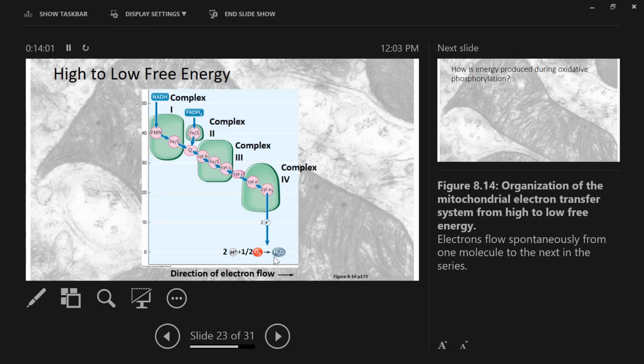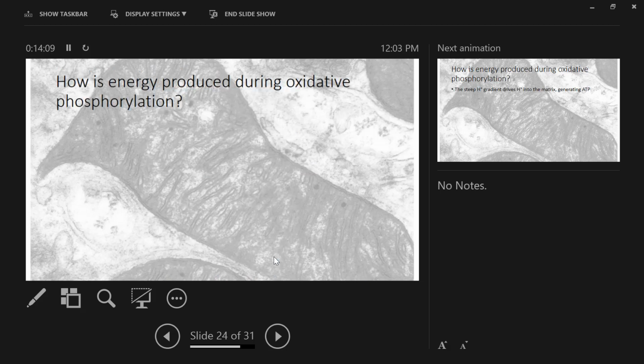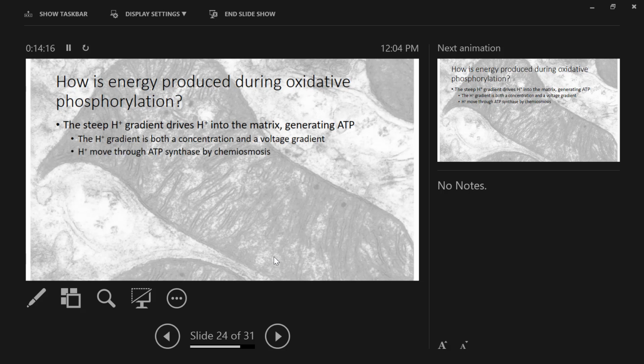Here's another thing. 12 carriers, each carry 2 electrons. 24 electrons. Which I think would make sense that every electron would transfer one hydrogen ion. The one hydrogen ion per electron. So we transfer 24 hydrogen ions.